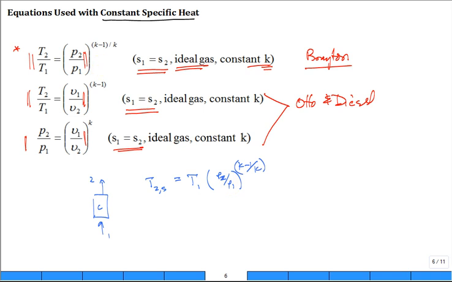Right? And then if you come over to the turbine, and you have state 3 coming in and state 4 going out, the temperature for isentropic expansion from 3 to 4 will be the temperature at 3 times 1 over P3 over P4, to the k minus 1 divided by k.